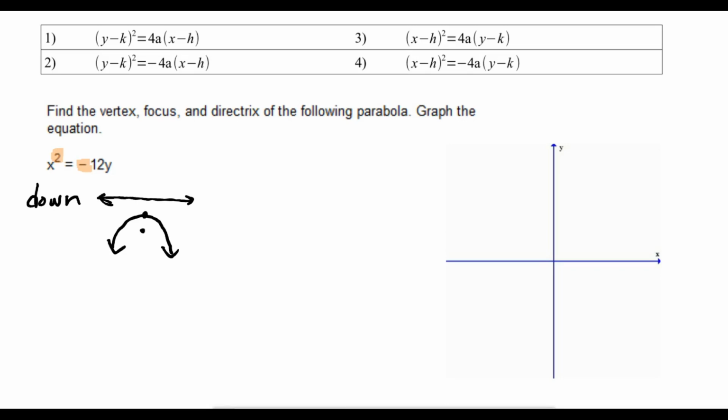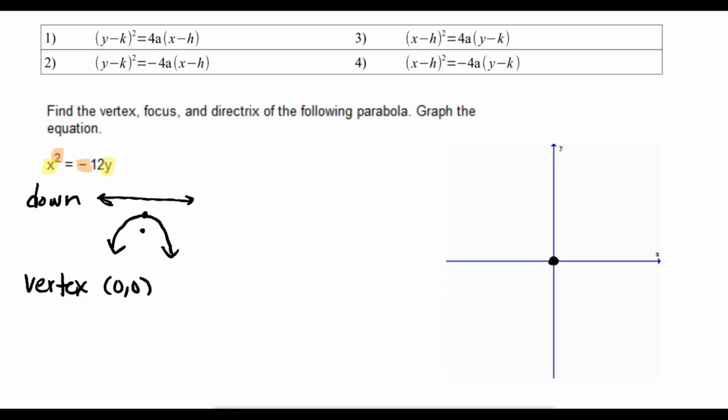So that's going to help me identify the location of these special features. I also noticed that in my equation, I don't have any values added or subtracted to x, and I don't have any values added or subtracted to y. So that means that my vertex is at the origin, which is 0, 0.